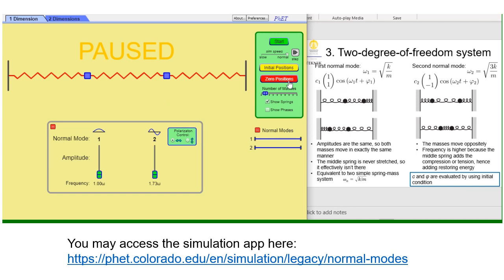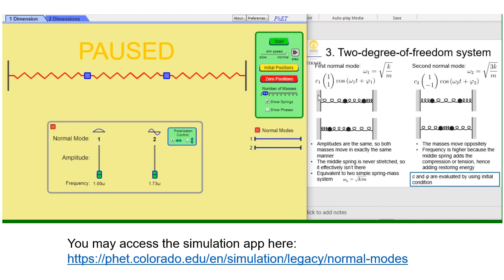All right. So in theory, we could derive all these equations from the equations of motion, and we arrive at two normal modes. The first one is omega 1, which is square root of k over m.